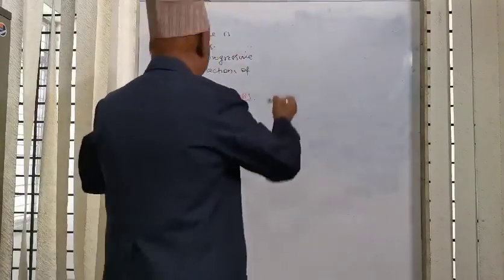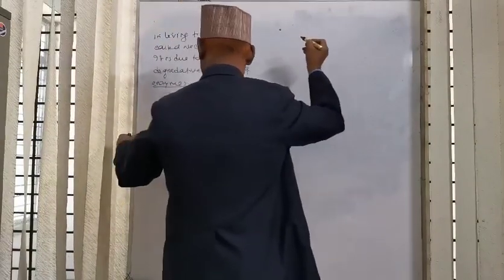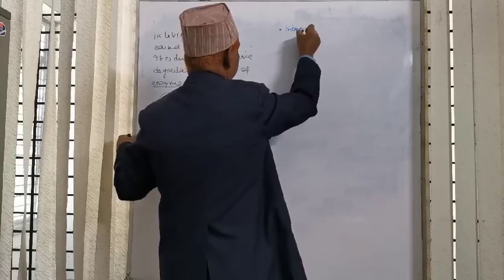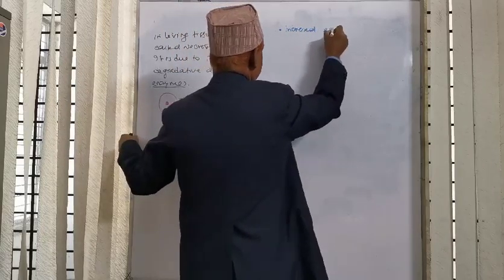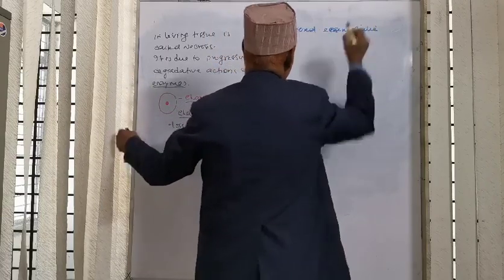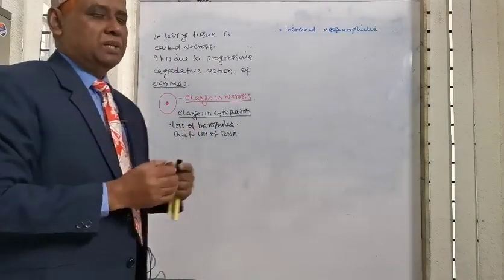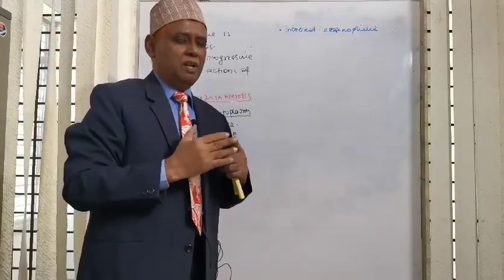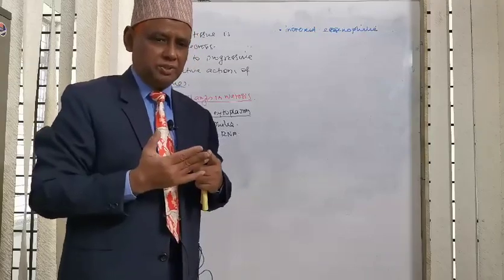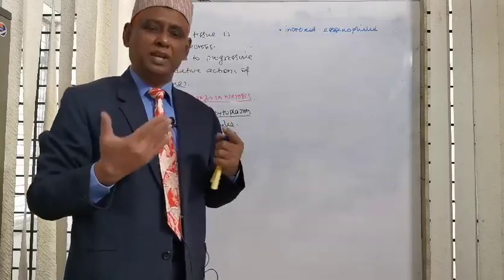Another change, loss of basophilia, increased eosinophilia. In necrosis, cytoplasmic proteins and amino acids undergo denaturation.